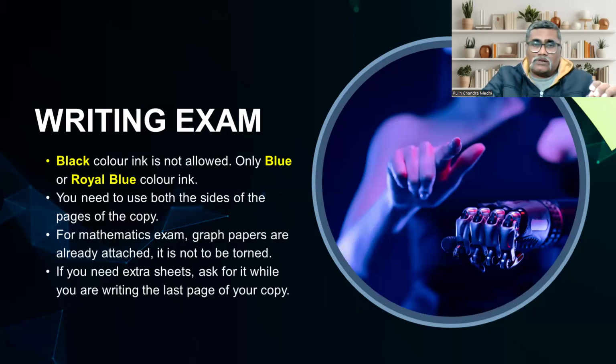Wherever the graph paper is tagged, you complete it there itself and write the question number clearly. I can assure you that every examiner, every evaluator, will go through each and every page of the copy, so there is no question that your graph will be missed out. It will not be missed out at all.